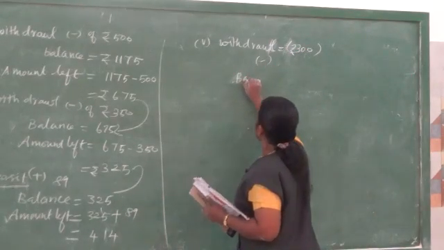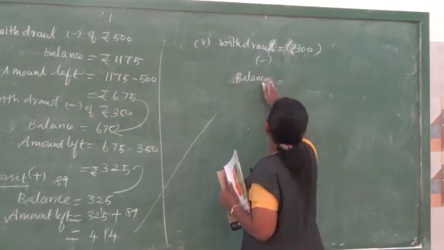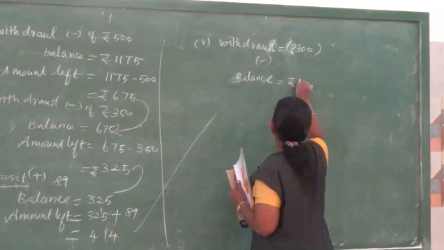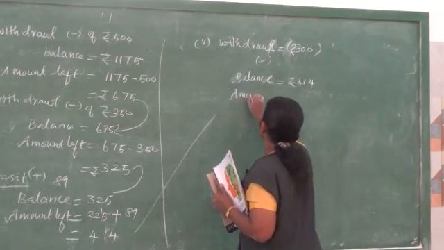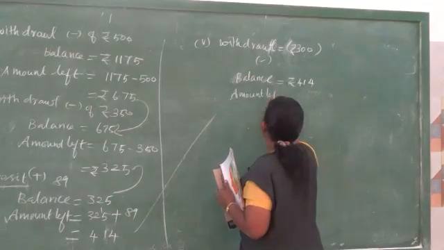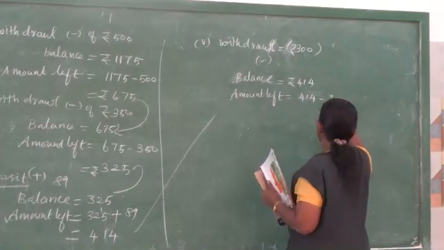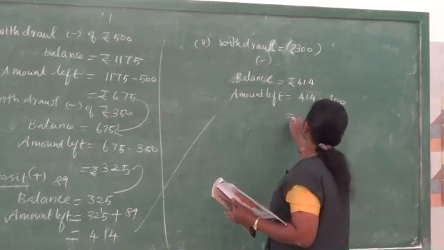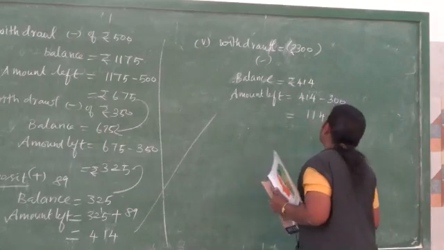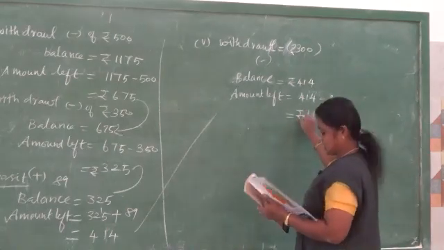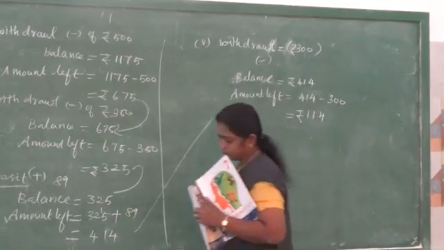So balance, you can write this one, 414, amount left, minus 300. If you are subtracting, you will get 114 rupees. At last, he has this balance in the bank.